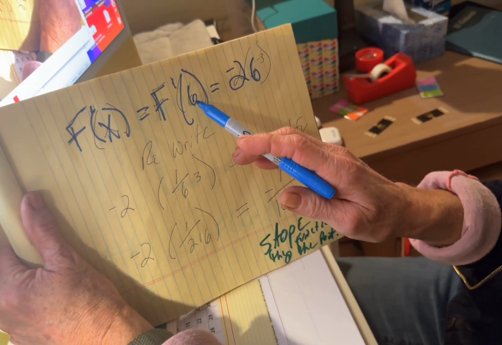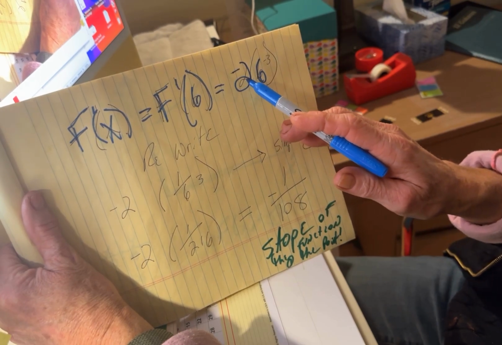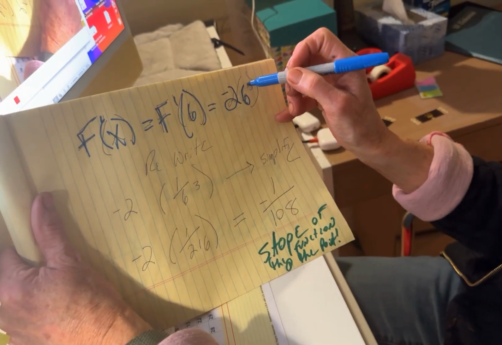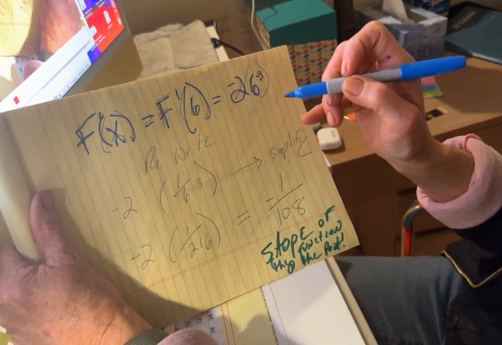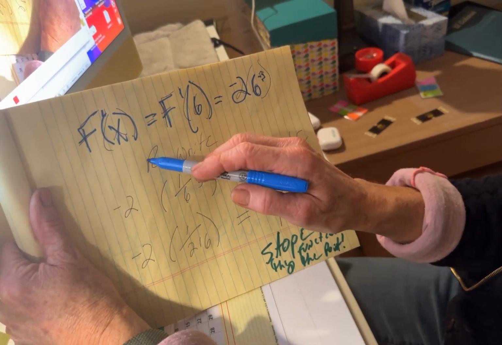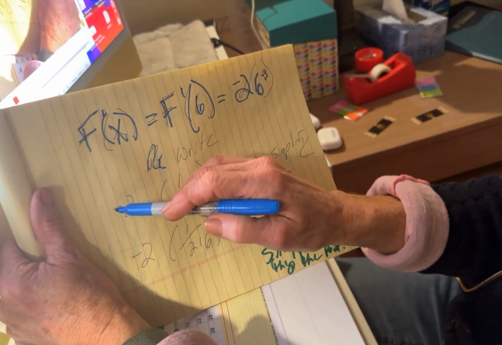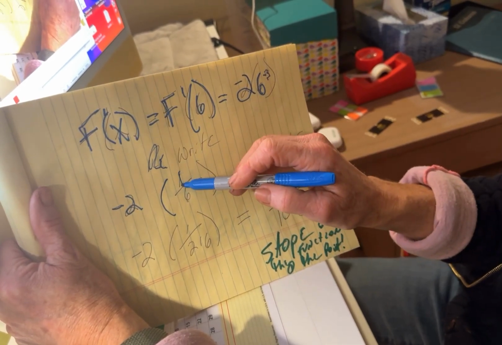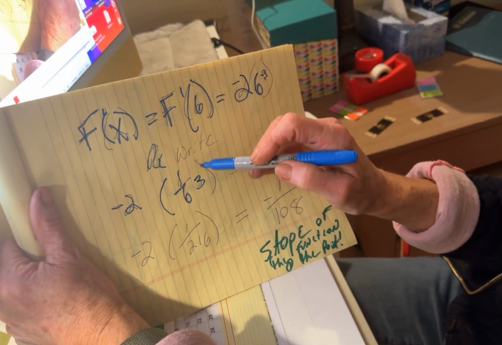So we substitute that in and we get negative 2 times 6 to the negative third power. If we rewrite, it becomes negative 2 times 1 over 6 to the positive 3.